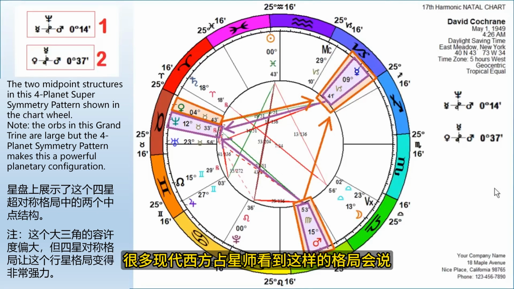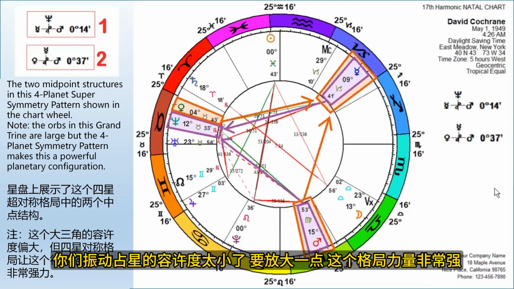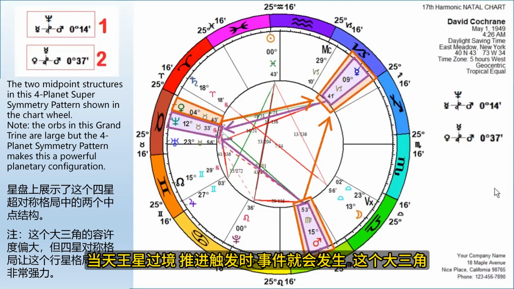So you'll see some astrologers, like modern Western astrologers, look at something like this and say, this describes me. Mercury, Venus, Mars, Neptune, your orbs in VA are too small. You need bigger orbs because this is so strong. And when I get transits over it and progressions, things happen. You know what's happening?